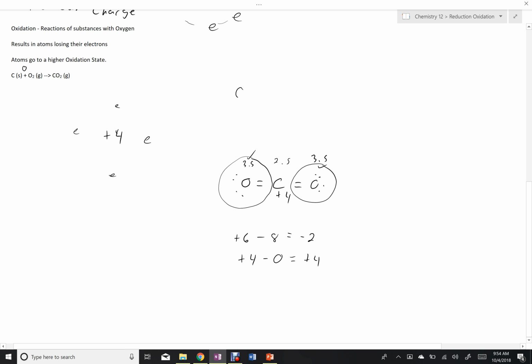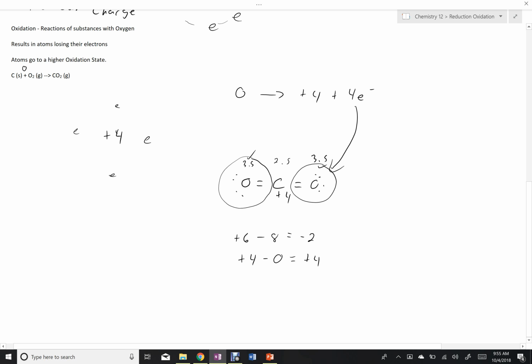So 0 to +4. And how do you get something to go from 0 to +4? Well, you get it to give away 4 of its electrons. Who does it give its electrons to? Most typically, the most common atom that's going to be stealing those electrons is oxygen. So we call this an oxidation reaction, where the atom loses electrons and goes to a higher oxidation state.